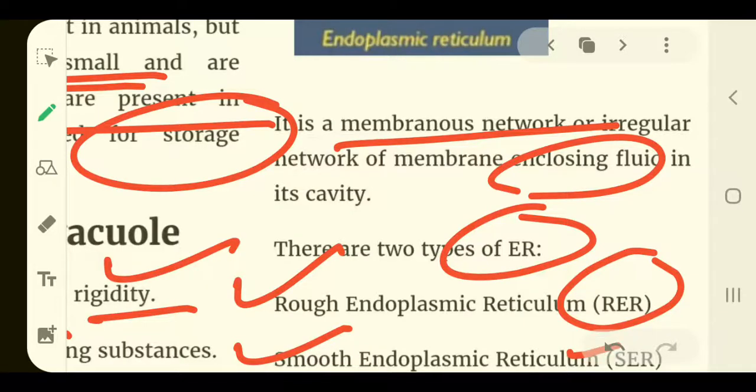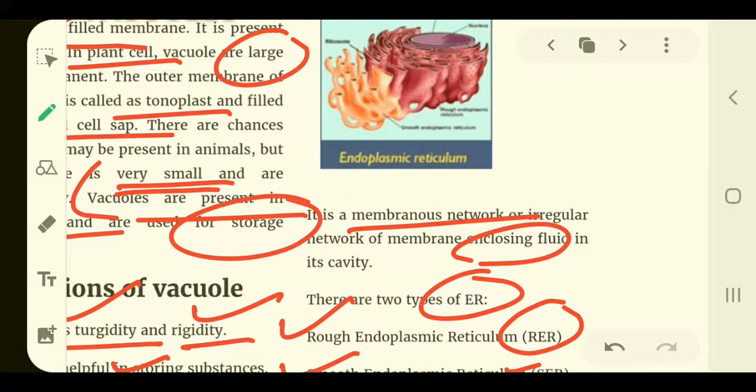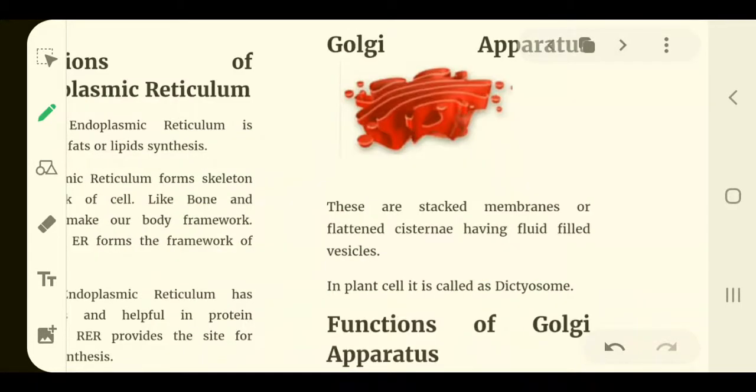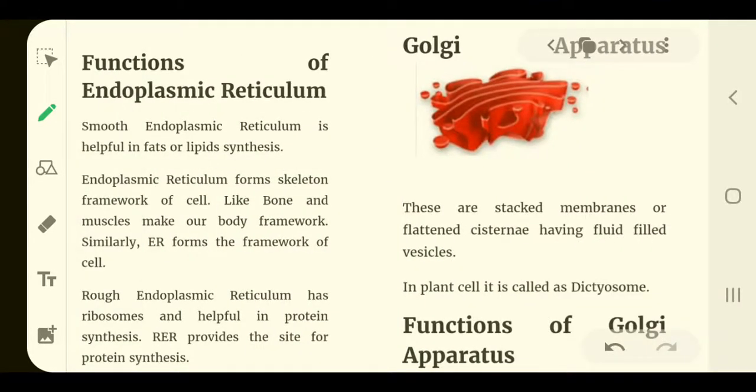So we read about these terms in the higher classes. For the time being, you just know that there is some structure called endoplasmic reticulum inside the cell. Now there are some functions here, but we are not going to enter into that; we will study it in the higher classes.